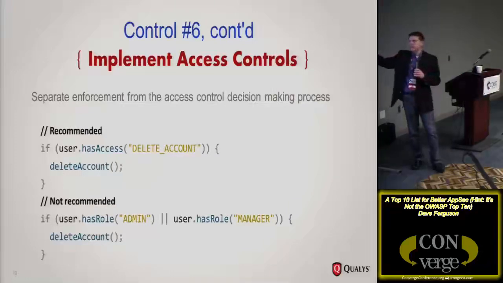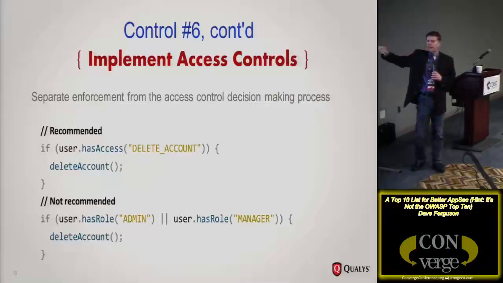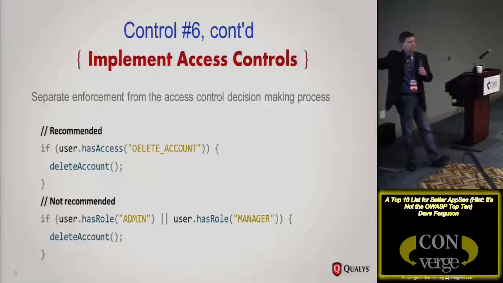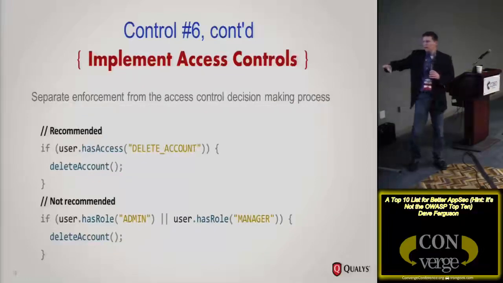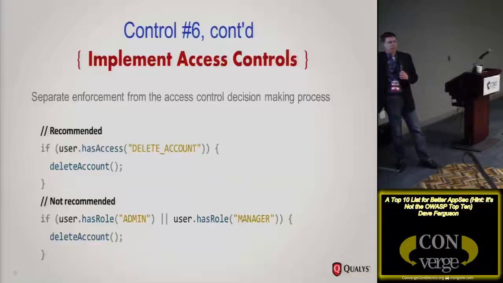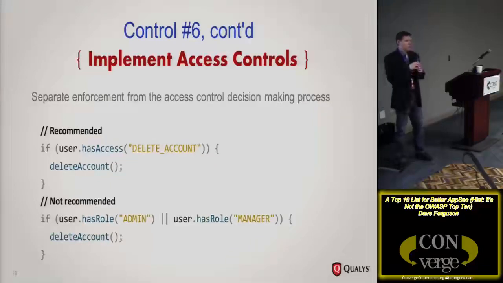So in this case, the access control decision-making happens in the hasAccess method, whereas here, it's all happening in one place. The decision of whether or not to allow and the enforcement is happening together here. With this model, it's much more maintainable. Code auditing is much easier with this first model.